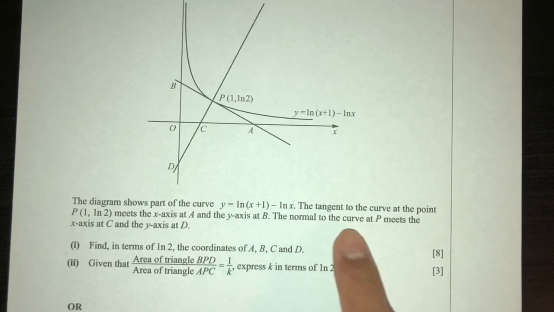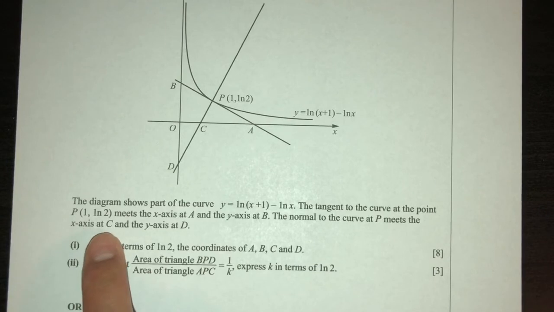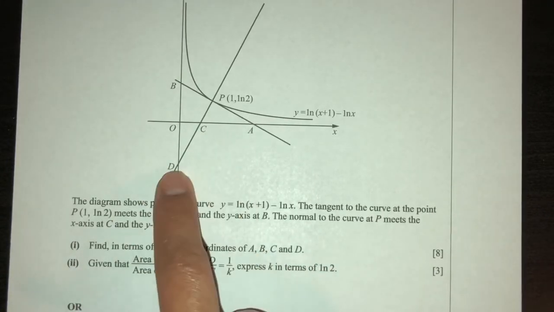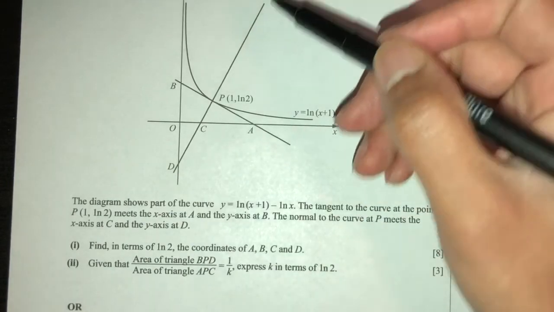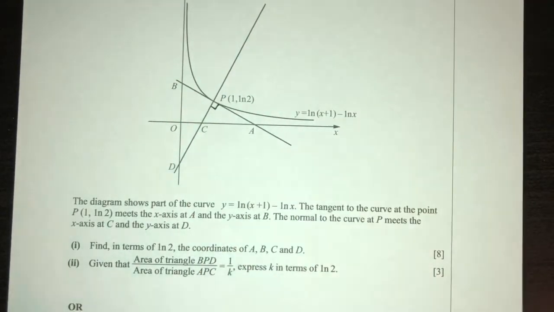And the normal to the curve at point P meets the x-axis at C and the y-axis at D. Okay, so normal and tangent, so this has to be 90. That's the first thing we can realize, right?